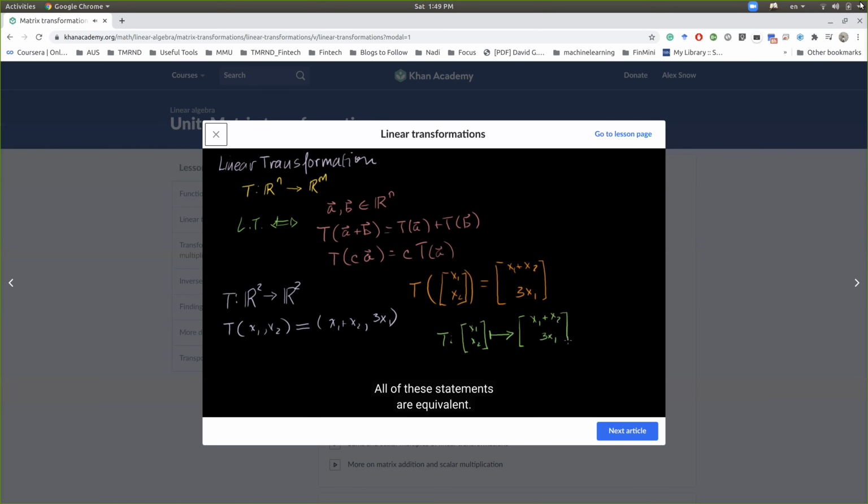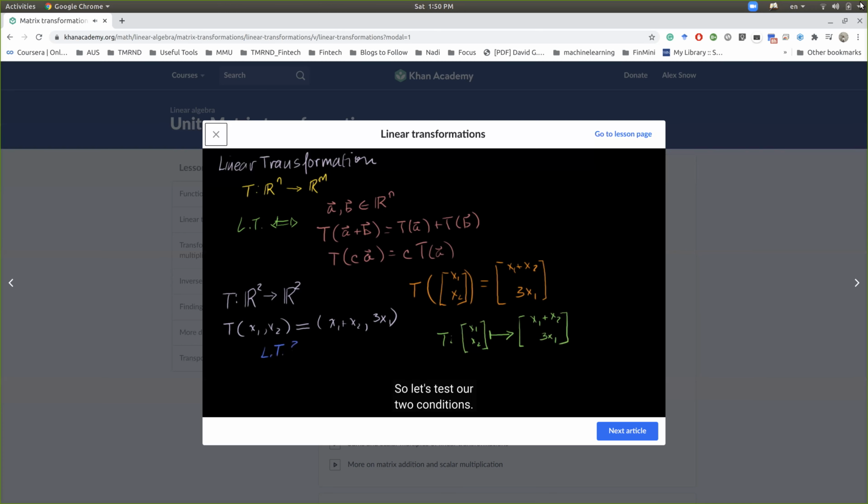All of these statements are equivalent. But our whole point of writing this is to figure out whether T is linearly independent. Sorry, not linearly independent, whether it's a linear transformation. I was so obsessed with linear independence for so many videos, it's hard to get it out of my brain in this one.